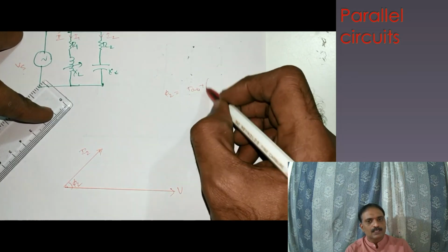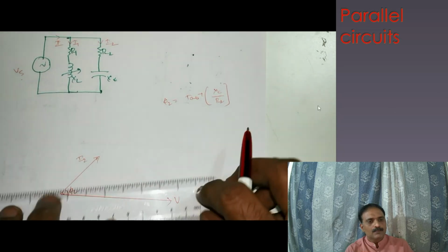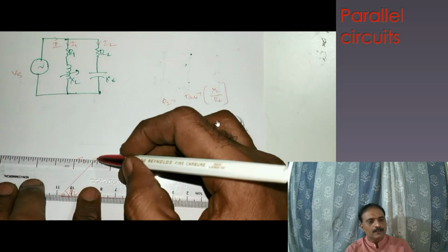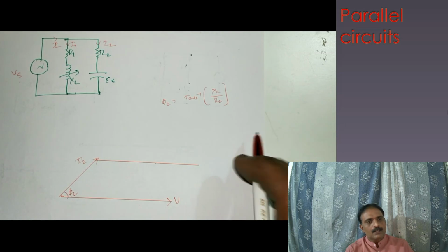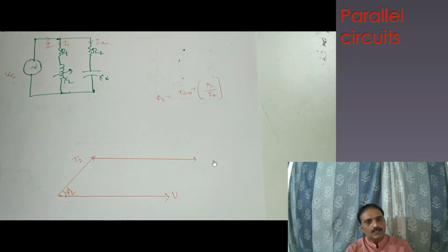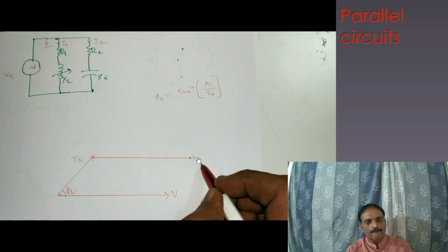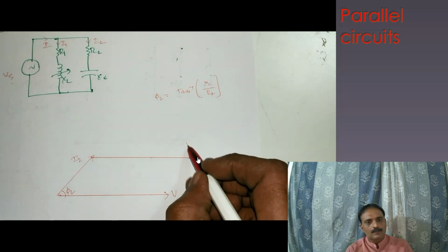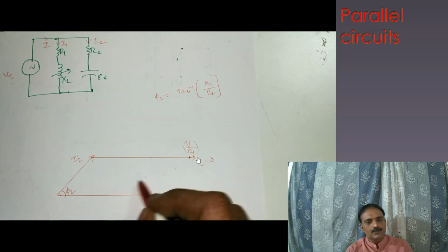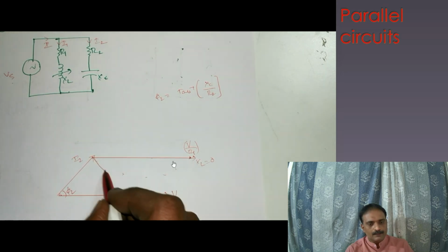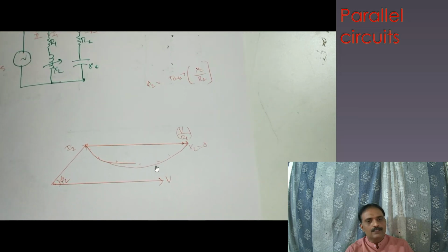Phi 2 is given as tan inverse of XC by R2, and from I2 again, when XL is 0, we are going to have the maximum value of I1, which is given as V by R1. So this is V by R1, and slowly as the reactance XL increases, we are going to have the lagging values of currents, and if we join these we are going to get the locus.